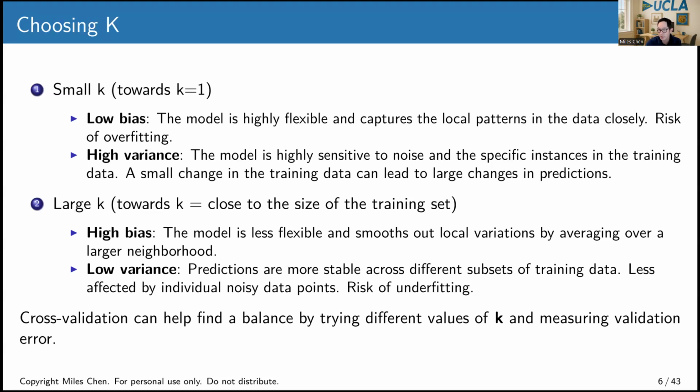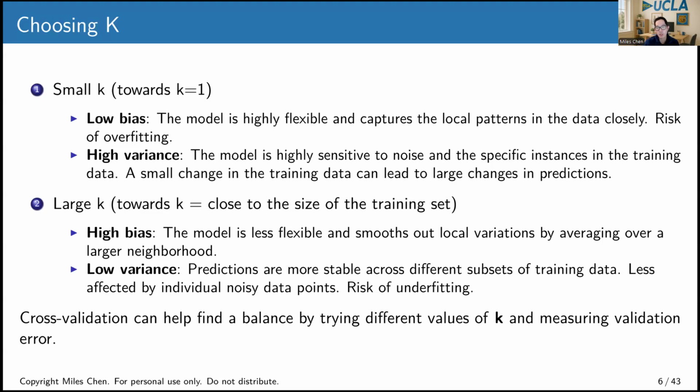It's not going to be as flexible. It's going to really smooth out any kind of local variations by basically averaging over a larger quote neighborhood, taking into consideration more data points, a larger K. But you'll have a lower variance in that your predictions are just going to be a lot more stable across different subsets of your training data.